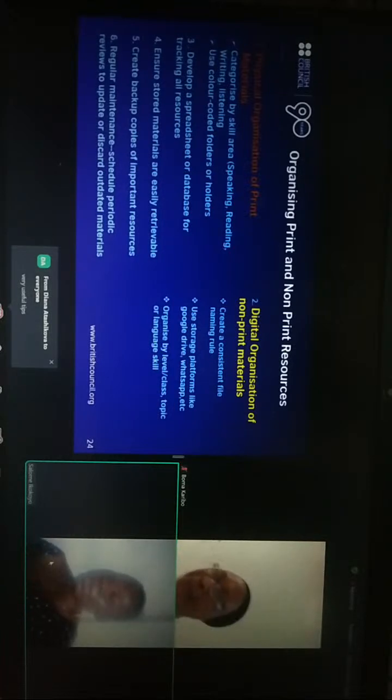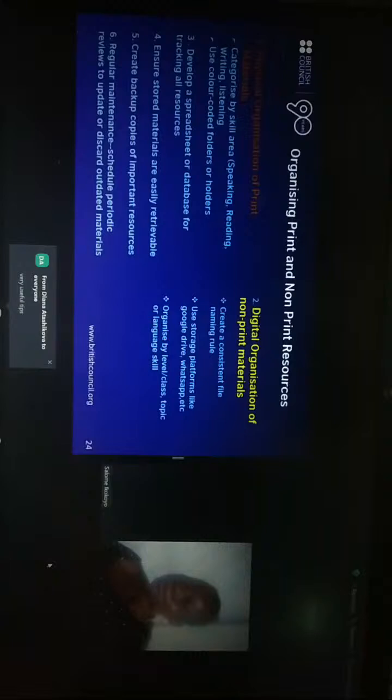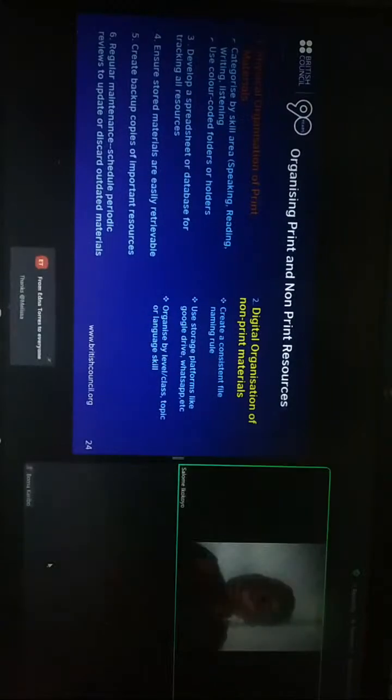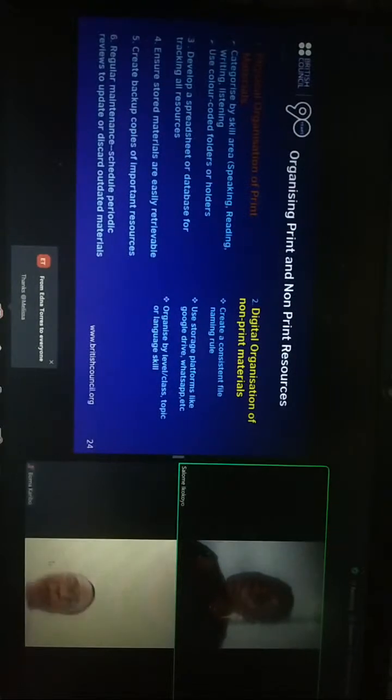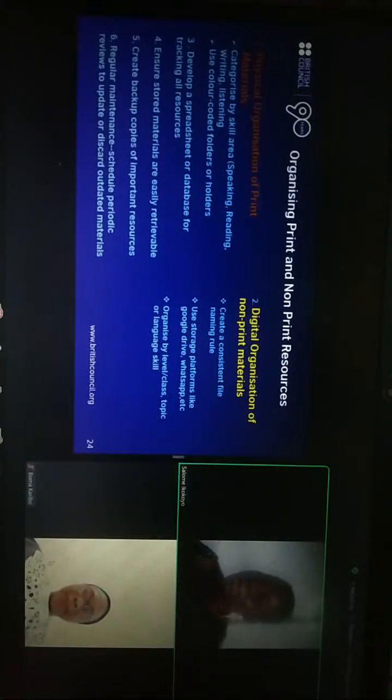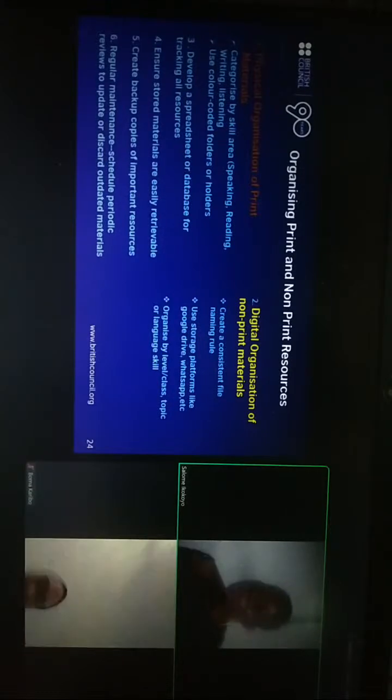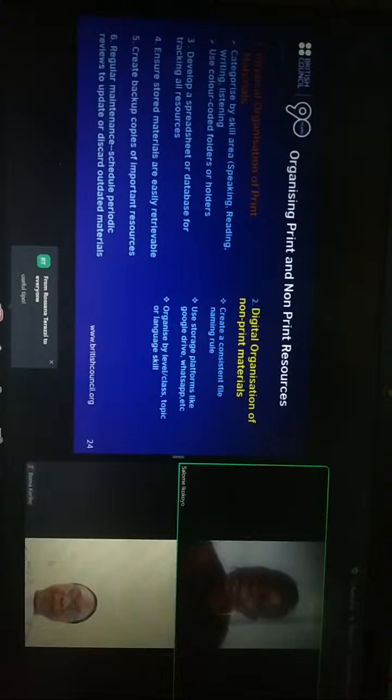In summary, we've talked about how to manage our resources better. We've looked at the resources we have available to us as ELT practitioners. We've looked at collaborating with our colleagues in the same profession, and with people from other professions.